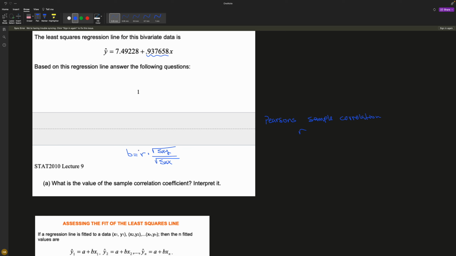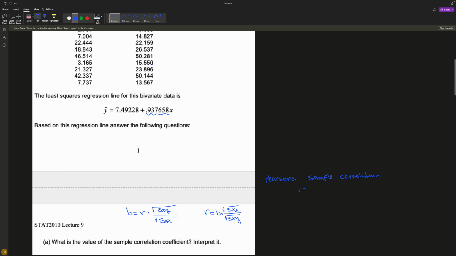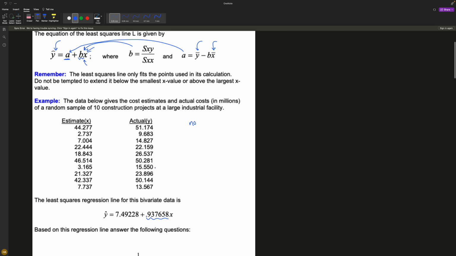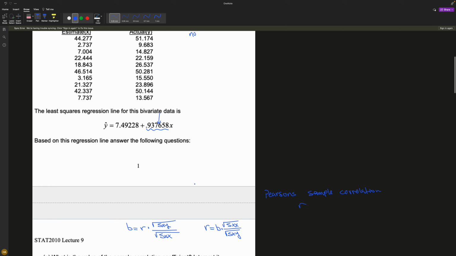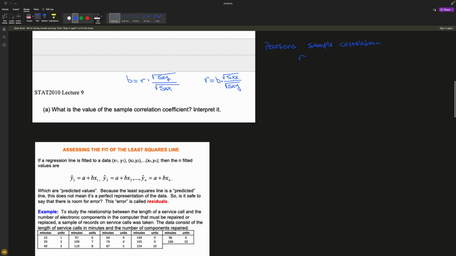Okay, and then you can isolate for your R, so R equals B, and then you flip these, so it will be the square root of SXX all over the square root of SXY. Okay, so that's the other way you can find it. This is your B, right? It's right here. So that's the same thing here. And that's how you can get your R. This is another equation to get R, and this is also another equation to get B.